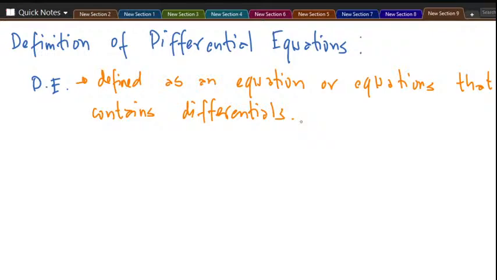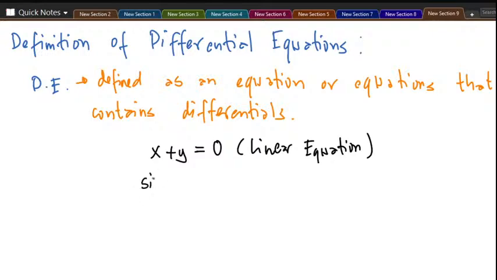So if we say equation, for example we have an equation here, x plus y is equal to 0, so that is an equation. This is a basic equation, a linear equation. You can also have sine x plus sine y is equal to, maybe we'll have here 2.